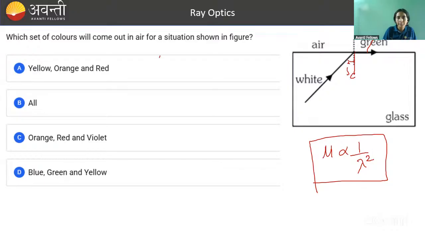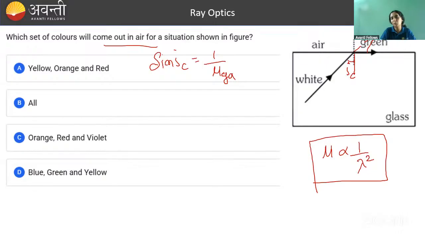And we know that the critical angle is given by sine IC equal to 1 by mu, where mu is the refractive index of glass with respect to air. Which light will not get totally internally reflected?